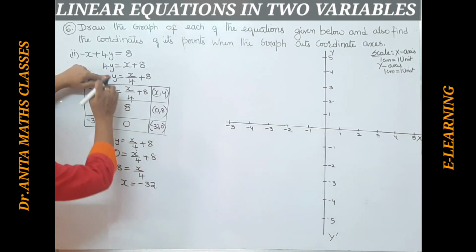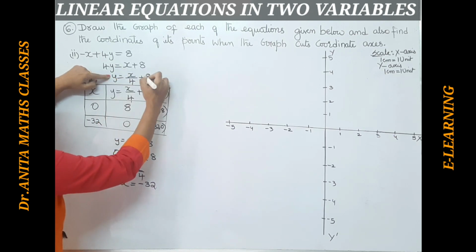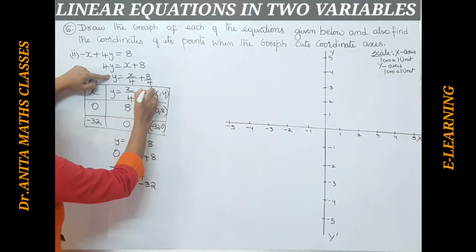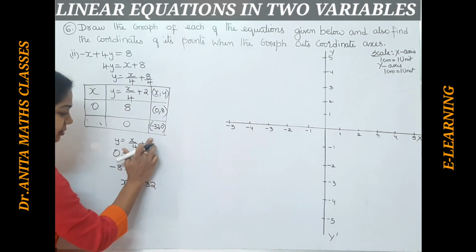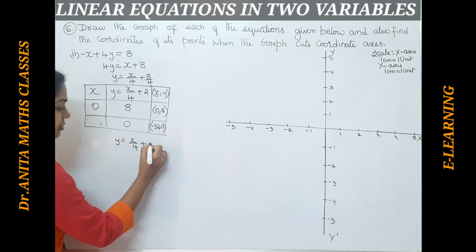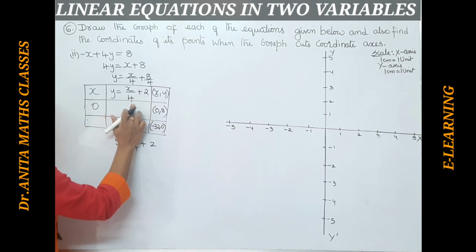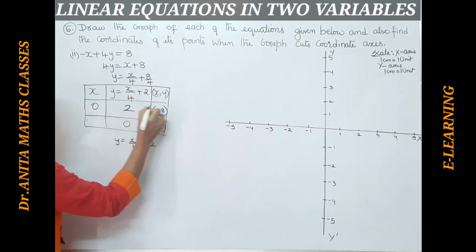See here, when we are sending this 4 to this side, here also it should be divided. So 4 into 8, this comes 2: 4 ones are 4, 4 twos are 8. So the values here have a correction. So this is 2, 8 by 4. When you substitute x value 0, you get y value as 2.